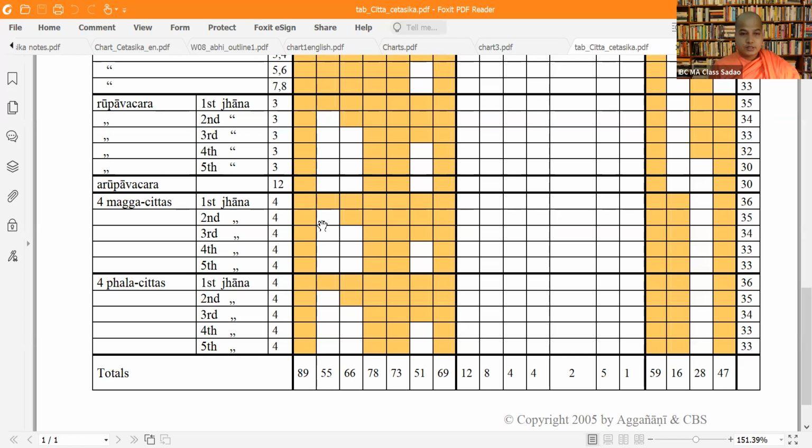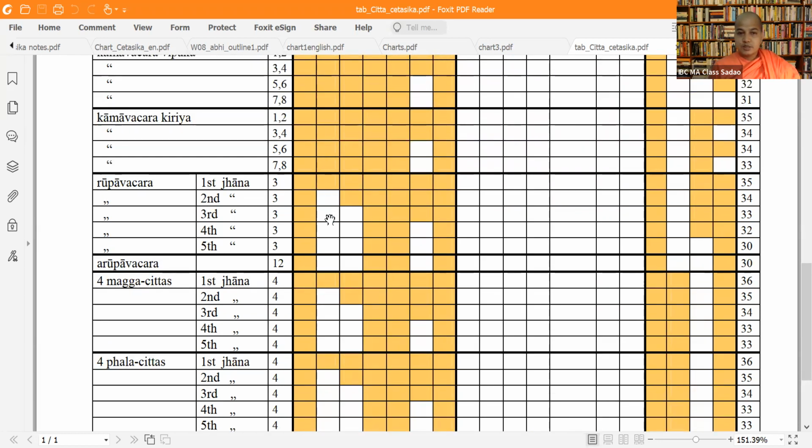In the magga chitta with the first jhana, there are 4, because there could be Sotapatti magga chitta having first jhana, similarly Sakadagami, Anagami, and Arahat. In the same way, 4 phala chittas with first jhana. 4 plus 4, 8, and then plus 3, 11. So these are the 11 chittas.